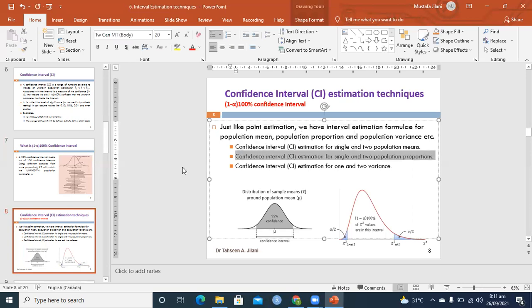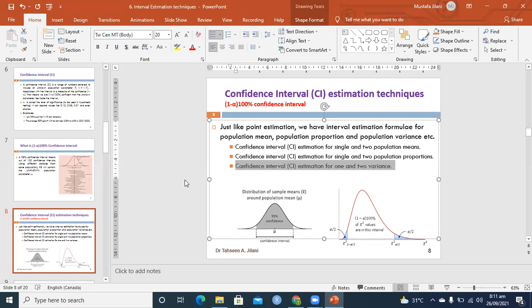Similarly, we can work out confidence intervals for a single proportion and two proportions. We can do confidence intervals for a single variance and two variances. But why am I limiting to one and two populations, and not extending my concepts to more than two populations?